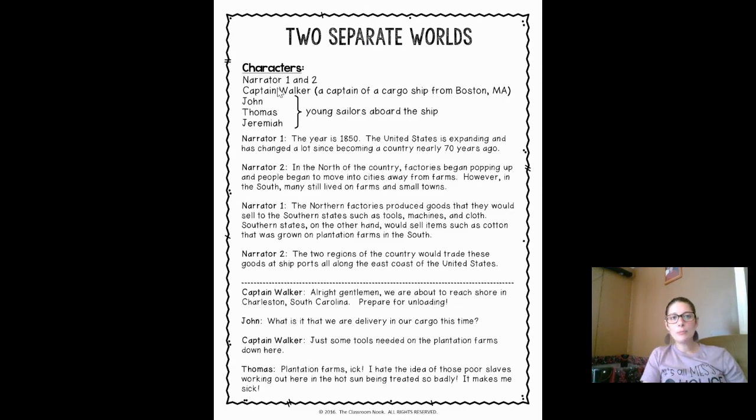So you would see a Captain Walker, you would see a John, a Thomas, and a Jeremiah. The narrators would just be telling the audience what's going on. And Captain Walker is the captain of a cargo ship. So remember, cargo is a package of things that are coming. And John, Thomas, and Jeremiah are all sailors on that ship. So they work on that ship, okay?